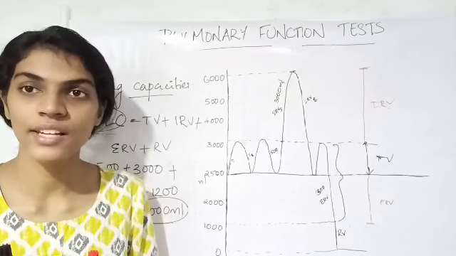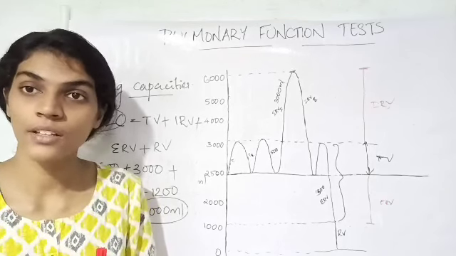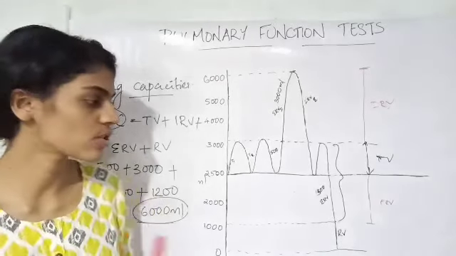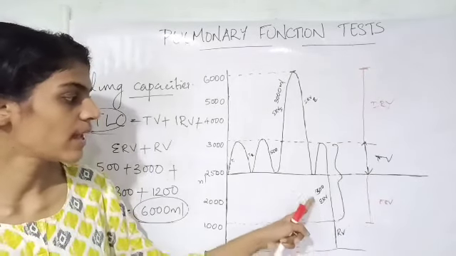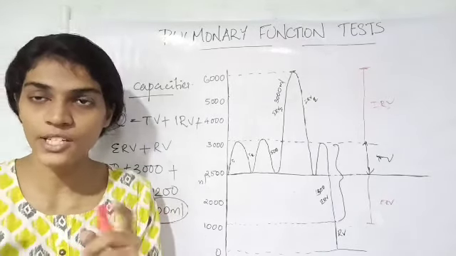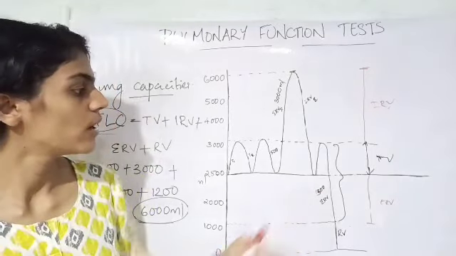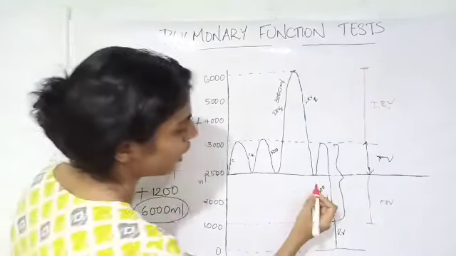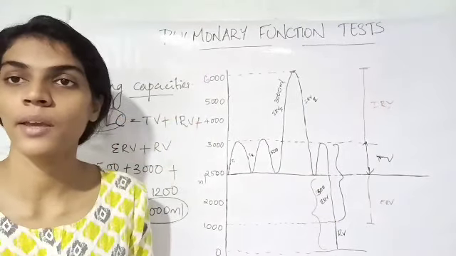Obviously there is always some volume of air within the lungs, which is called the residual volume. Besides the residual volume, the volume of air that you are going to expire is also contained in your lungs. That is why you are expiring, right? So the expiratory reserve volume along with the residual volume gives you the functional residual capacity.